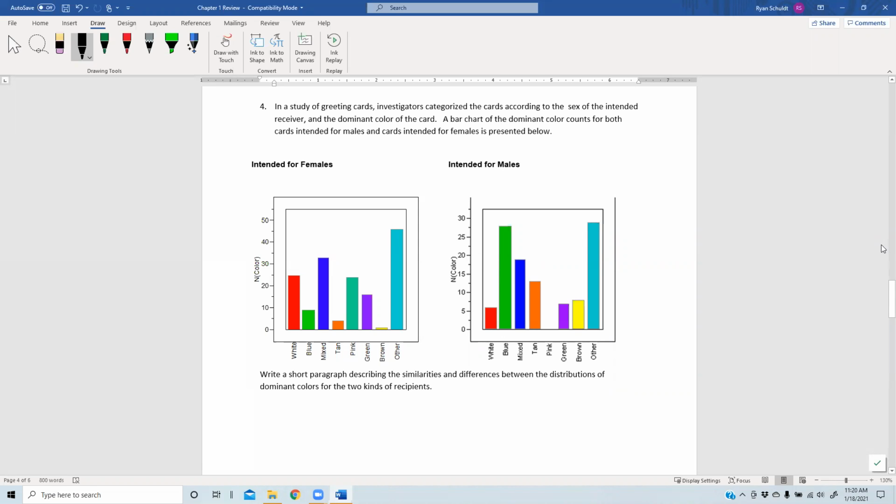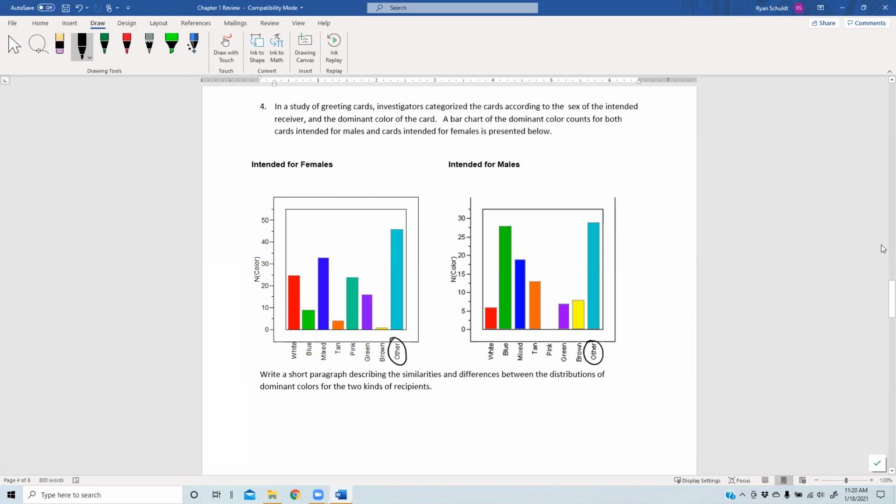Okay, well, looking at them, let's see. What are some things that we notice that they have in common? Clearly, for both males and females, other is pretty darn popular.